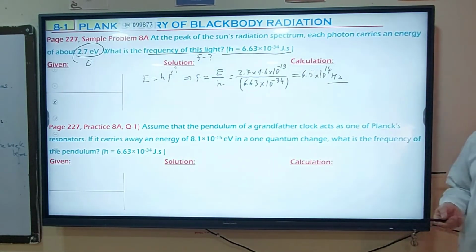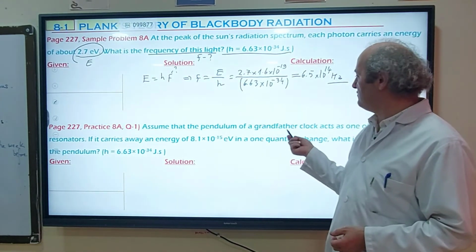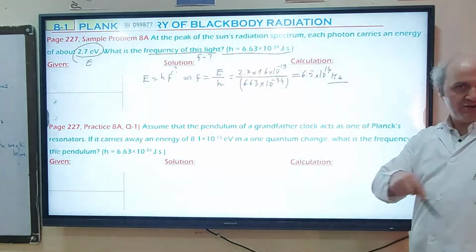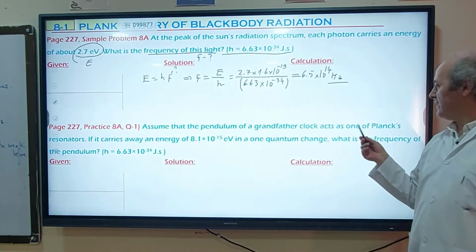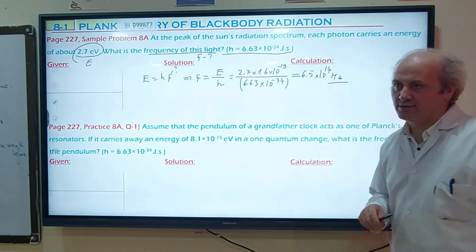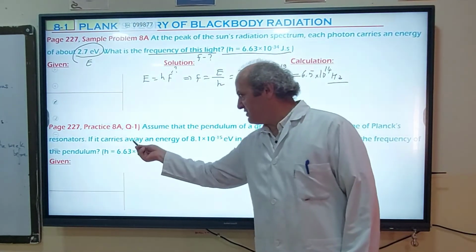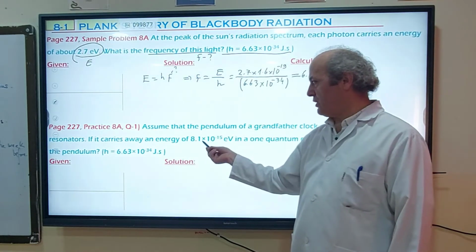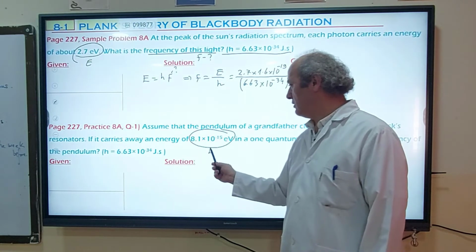Practice problem, next one. Assume that the pendulum of a grandfather's clock, old-fashioned clocks, acts as one of Planck's resonators. They're vibrating. If it carries away an energy of 8.1 times 10 to the power negative 15 electron volt, again energy is given.